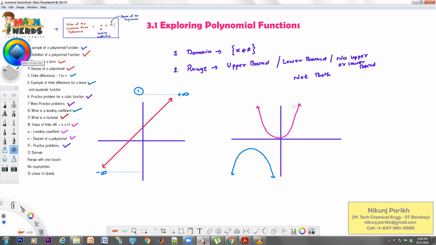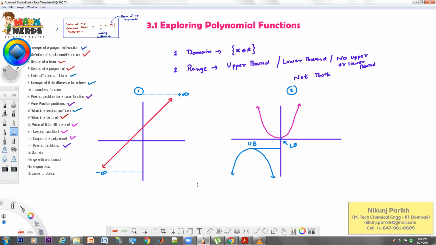In this second one, for this graph, you have a lower bound. It doesn't go below this value for y. So this is the lowest function value for this graph. And this is the highest function value for this graph. So this is the upper bound. Here, this is the lower bound. And this one is the upper bound.